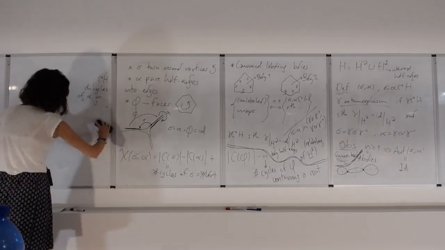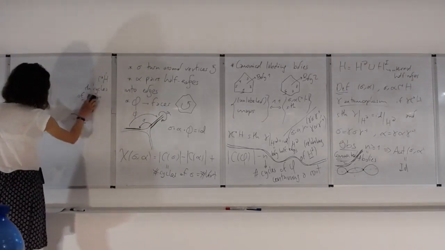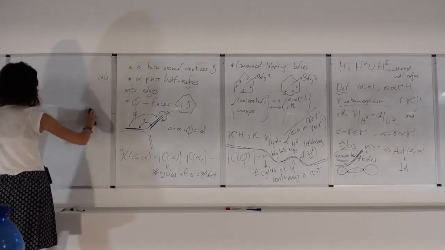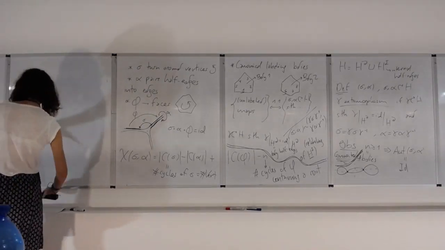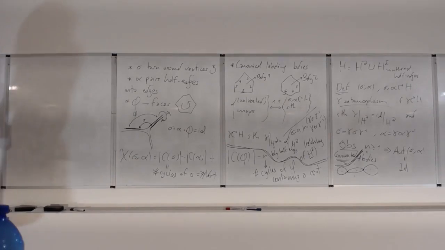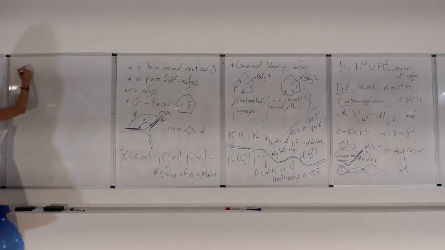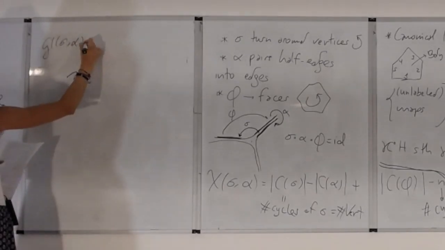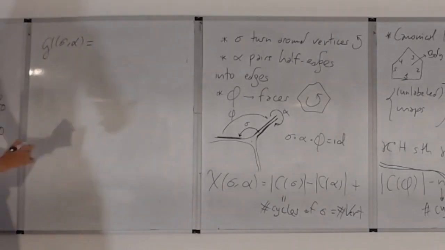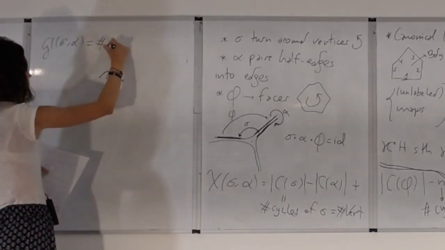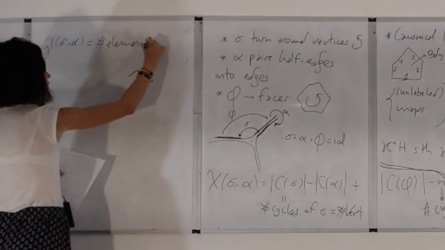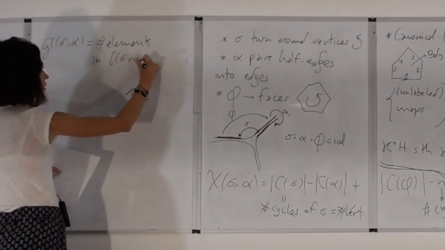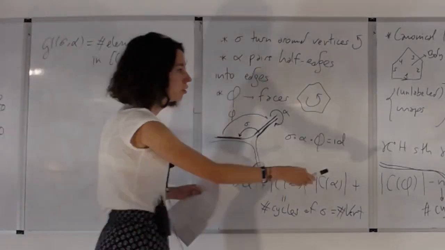Now I just want to point out how many guys there are in an isomorphism class. So the number of gluings of a combinatorial map is the number of elements in the class defined here.